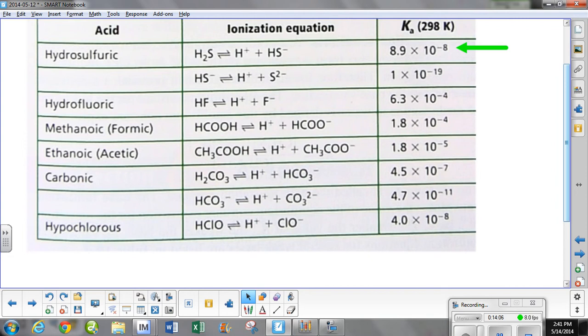Yes. I know it's 10 to the minus 19. Oh, if I said that, I didn't mean it. It's 19. Yeah. Okay, so this guy is a lot stronger than this. As we saw with other things when we were doing dissociation, pulling the first hydrogen off is easier, like the sulfuric acid.